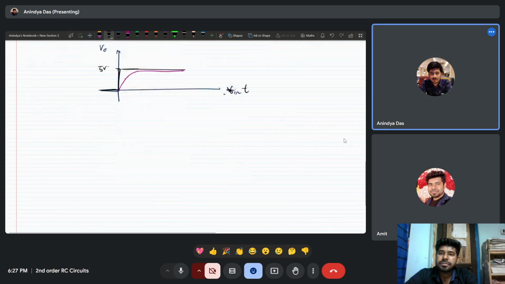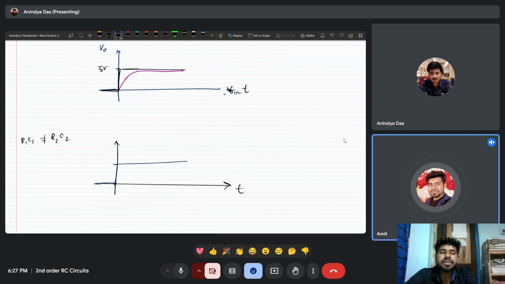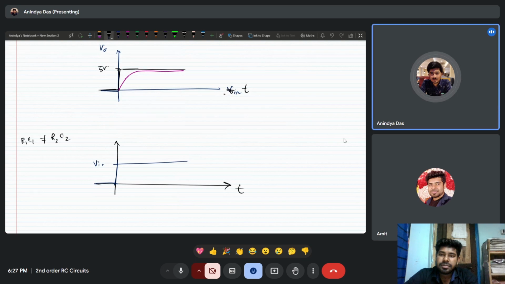And for R1 C1 not equal to R2 C2, that means when the system is overdamped, it will behave like this.